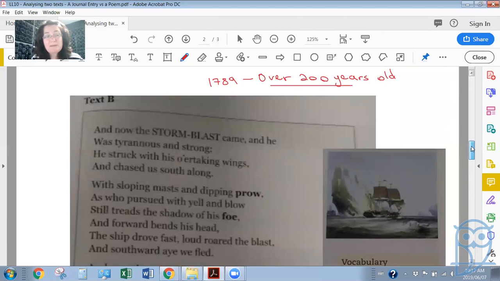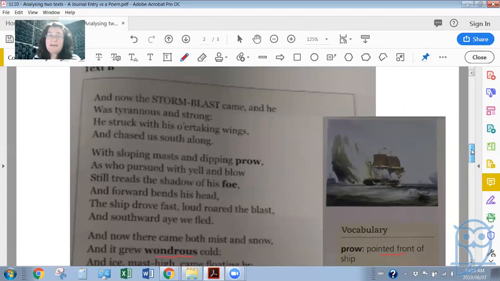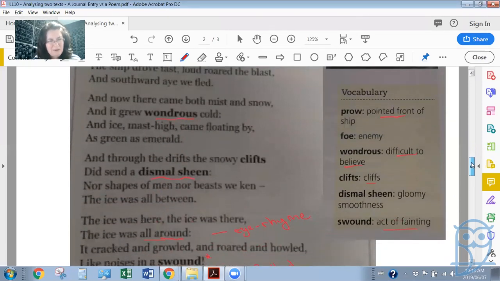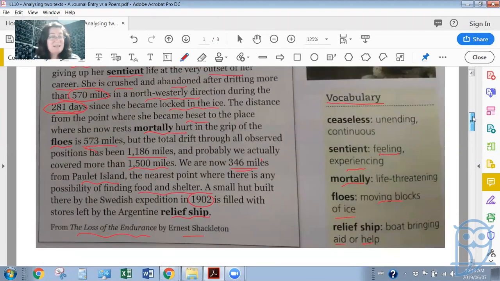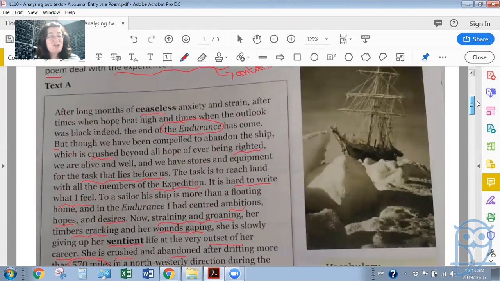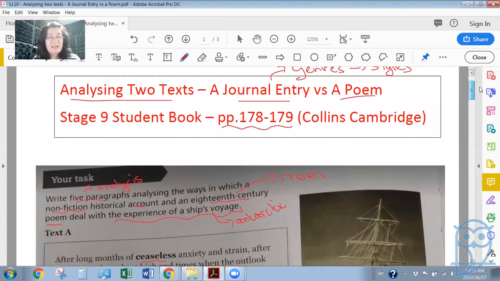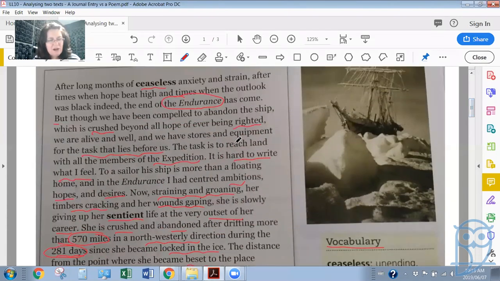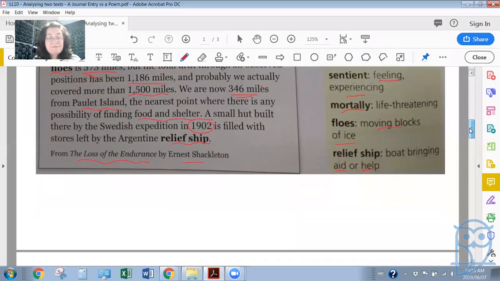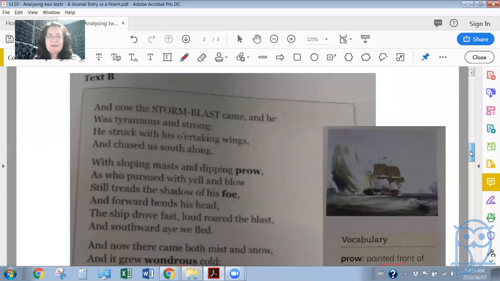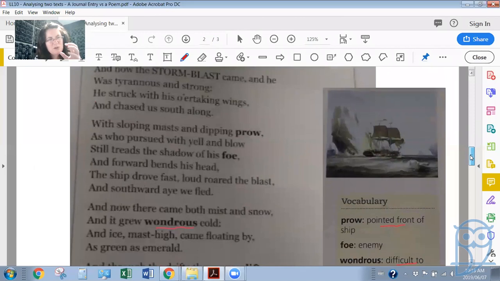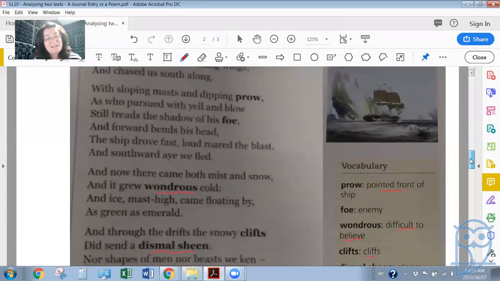So my main point that I'm trying to make, and I'll try and speak a bit louder, is that this poem is a very different experience to a similar situation that is recounted in this journal, isn't it? So if you were going to analyze these two texts, this journal text, and look at what had gone on, it would probably be, I'm glad you can hear me now, a very, very different experience to what's being described in the poem, isn't it?